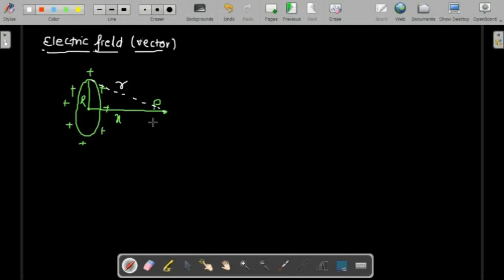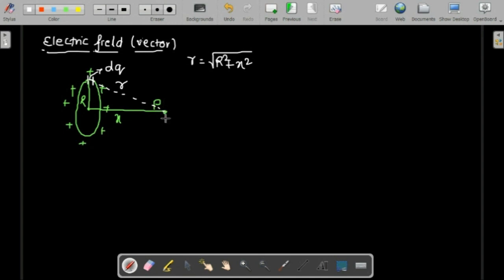We know what small r is. Small r is equal to root over r square plus x square. But now we're finding out the electric field, so let me take a very small charge here, which is nothing but dq. And we know electric field is directional. This is positive.